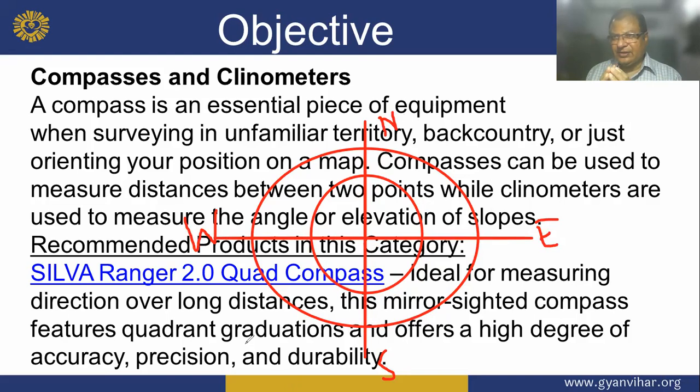When a compass is opened and you let it move freely, the north pole suddenly moves, takes a direction, and stays in the direction of north. It is its property. If it is a magnet, that is the property.